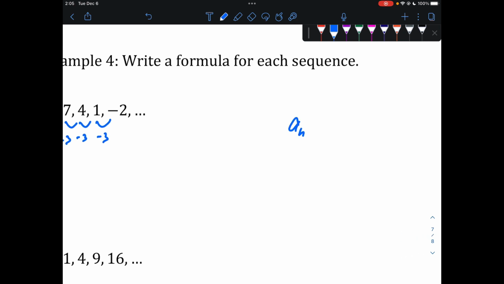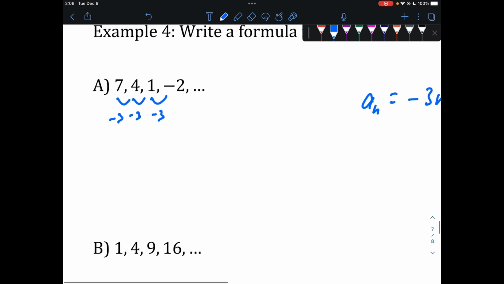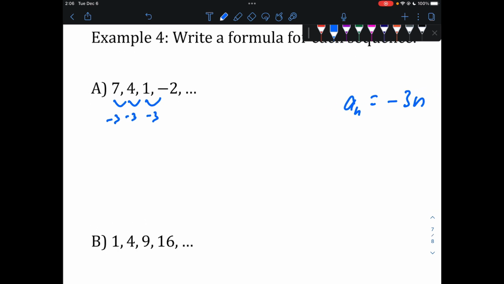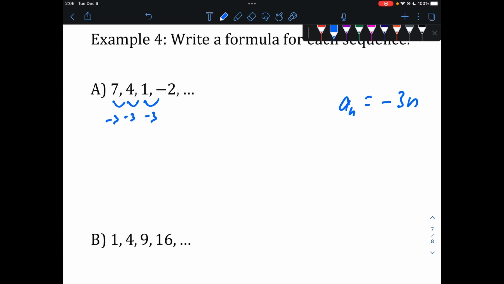So I know that this sequence is going to be a sub n equals -3n plus something, okay? Now, if I thought about the slope of this line, I get -3. Now, what I can do here is put some points in, like for example, (1, 7) would be a point, right? So if I wrote a line out here, it'd be y minus 7 equals -3 times x minus 1.